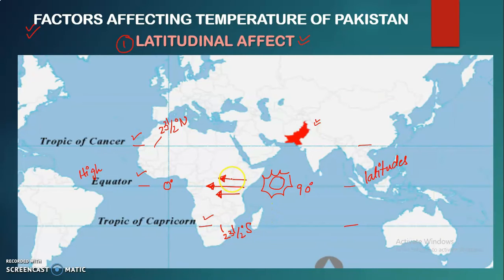Moving back towards the concept, there is one more thing you need to understand. As you move away from the equator, either towards north or towards south, in both cases the temperature would decrease.